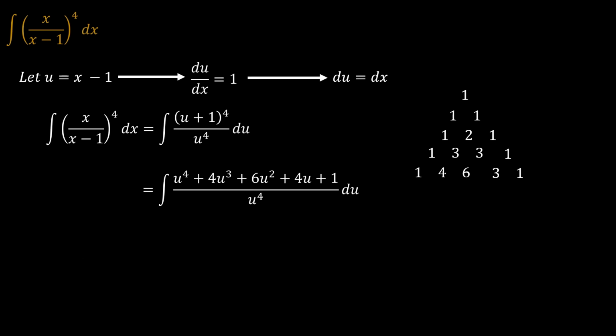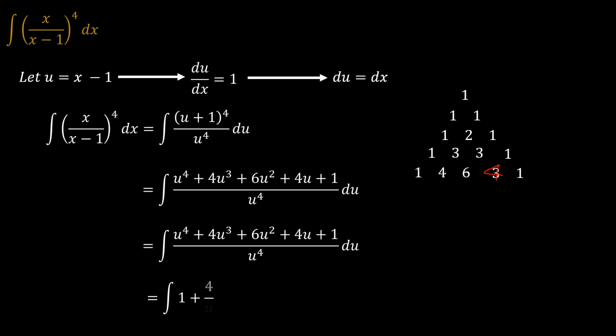I should have paid more attention. My pen is not working. Okay, this is 4u and then 1. Then we divide through by u to the power 4. That results in 1, 4 over u, 6 over u squared, 4 over u to the power 3, and 1 over u to the power 4.